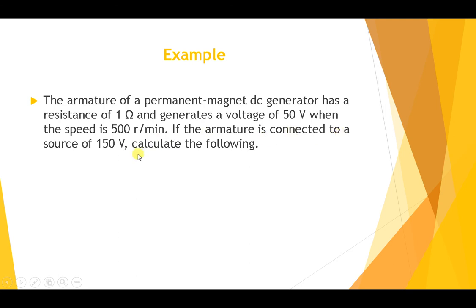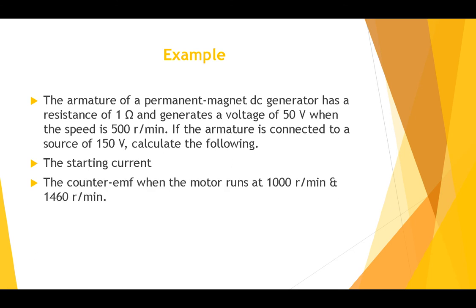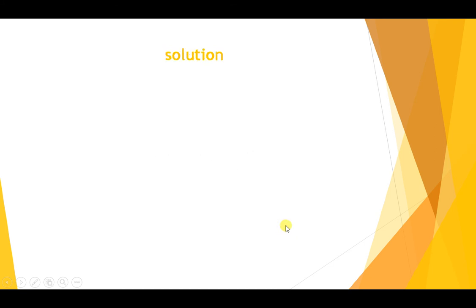If the armature is connected to a source of 150 volt, we need to calculate the starting current, the counter EMF when the motor runs at 1000 revolution per minute and 460 revolution per minute, and the armature current at 1000 revolution per minute and at 460 revolution per minute. So let's start the solution.